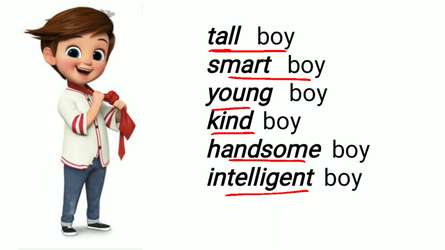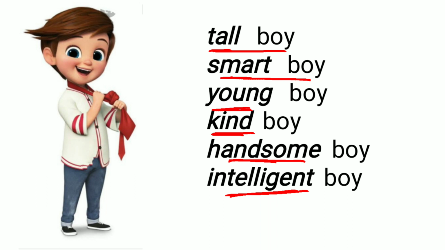Can you see here? Tall, smart, young, kind, handsome, intelligent. Here we have used so many words to describe the boy. The words which we use to tell more about the noun. Here the naming word is boy.